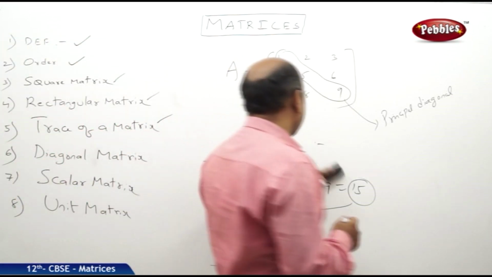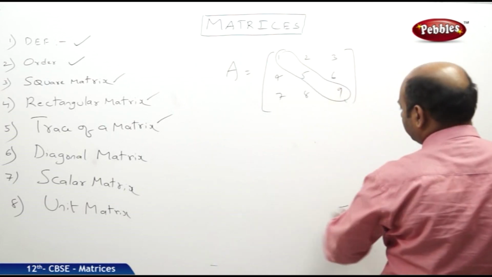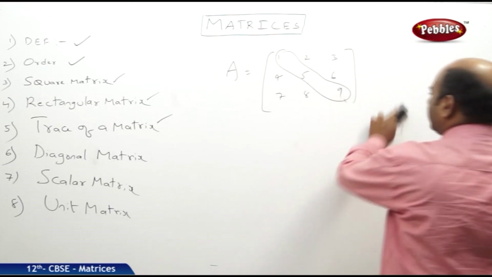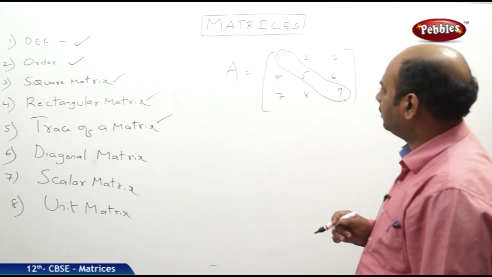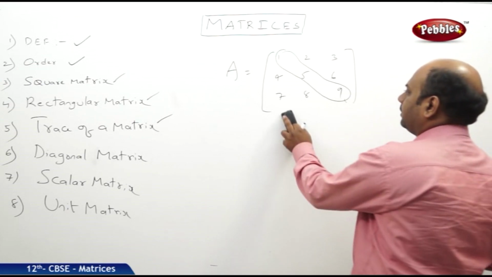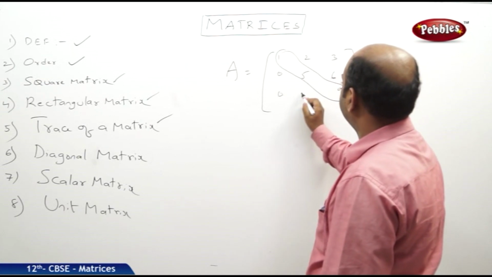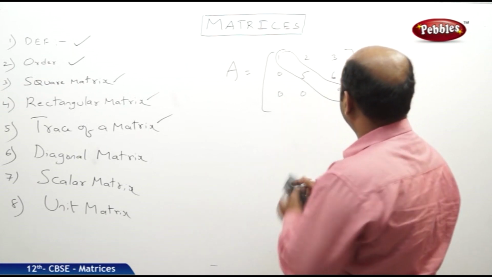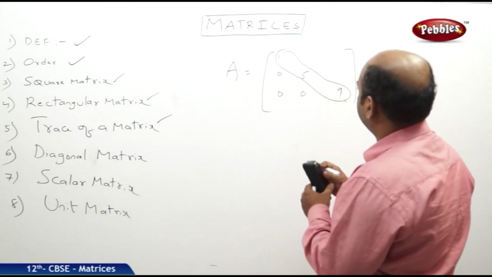Now we are going to see an important definition called a diagonal matrix. I will consider the same square matrix. What do you mean by a diagonal matrix? If you put all the other elements as zeros, the square matrix is said to be a diagonal matrix.